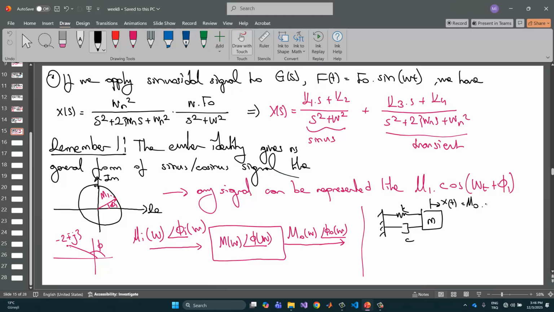Mo, the output, cosine of w t plus phi o. Also if we apply the input Mi cosine of w t plus phi i, we will get this output. Okay? That's the steady state.